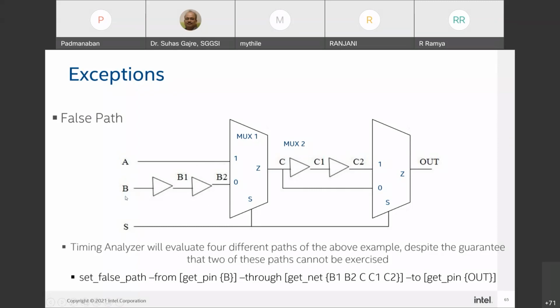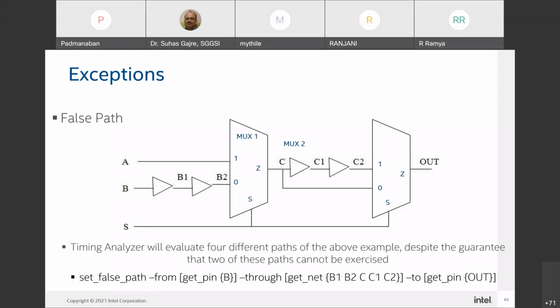If the select line is 0, then B, B1, B2, C out is valid. The other paths, A, C out and B, B1, B2, C, C1, C2 out, will never get exercised by any of the test vectors. Even if you pass 0, they will never get exercised. Even if you pass 1, they will never get exercised. But what is the dangerousness here?